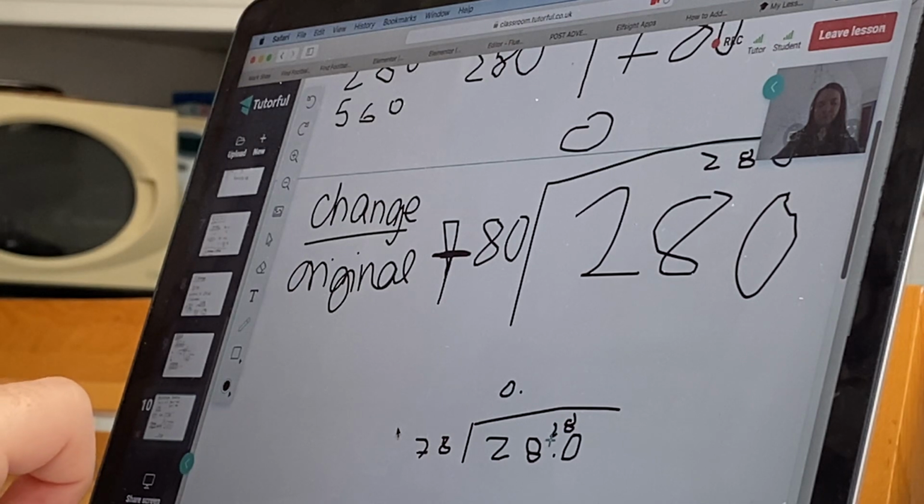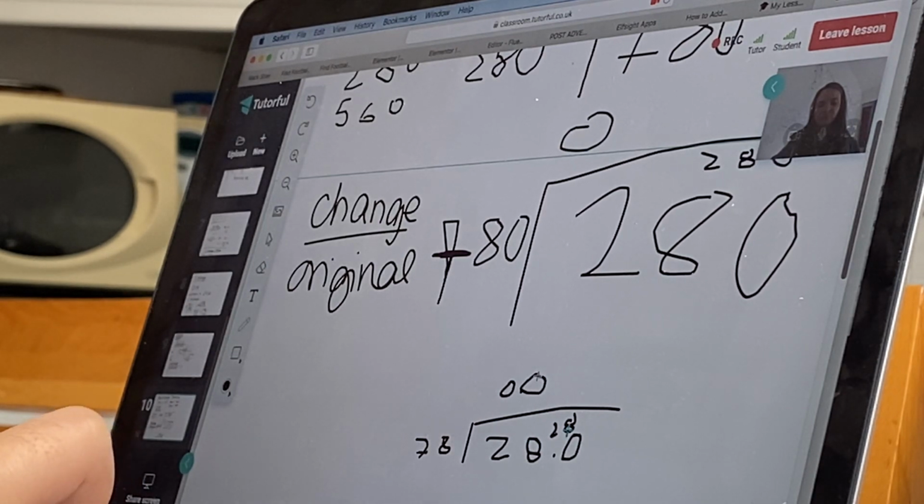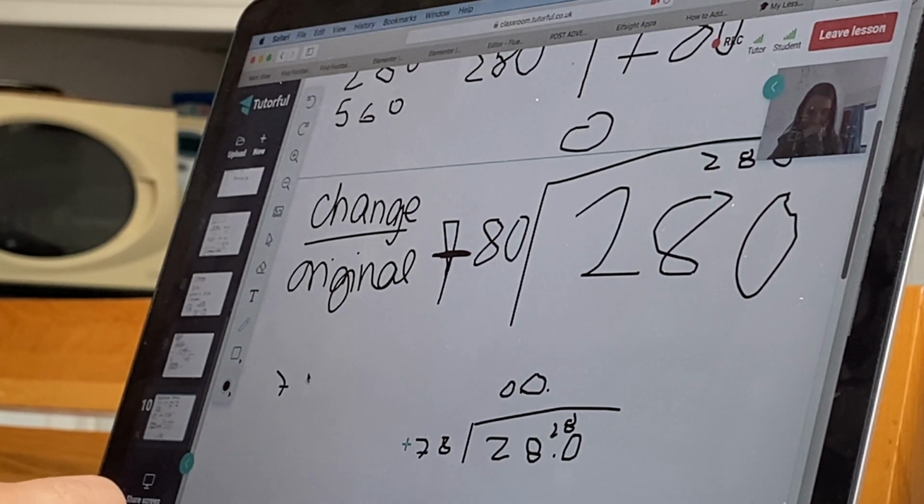And then when we add that 0 there, we're doing 78 into 280. So don't move those over yet. Okay, that will work. So now we're doing 78 into 280. Yeah, good.